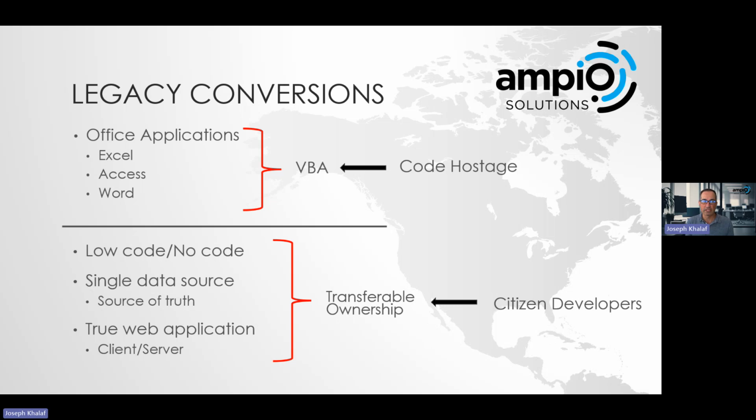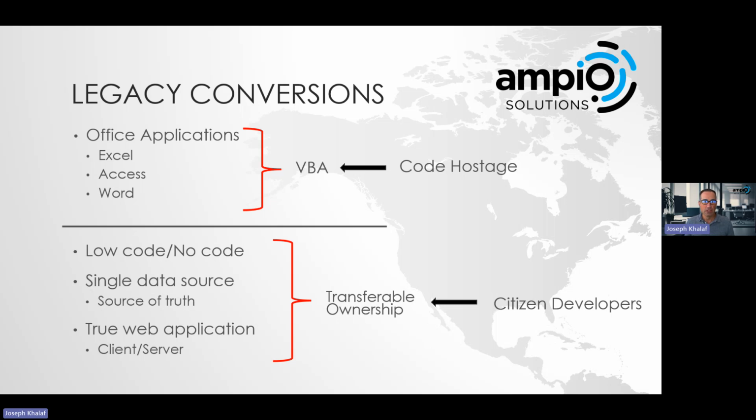Microsoft has deprecated some of these libraries in 64-bit Access. The application does not run on 64-bit Access. So we have to hold them back and let them run legacy bitness, if you will, so that they can run that application.